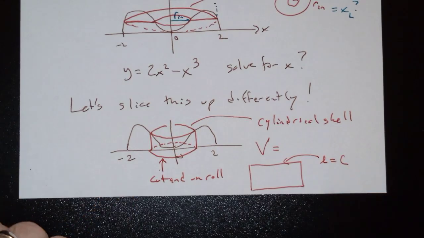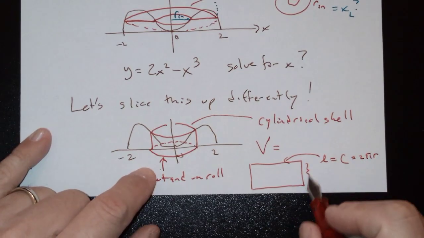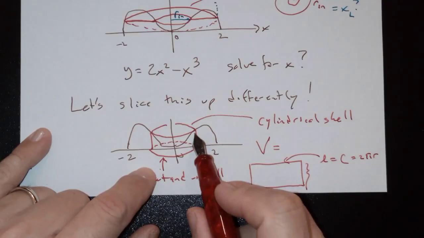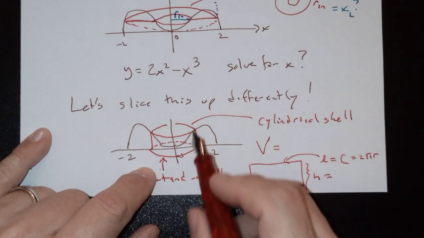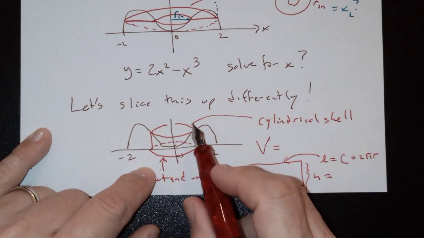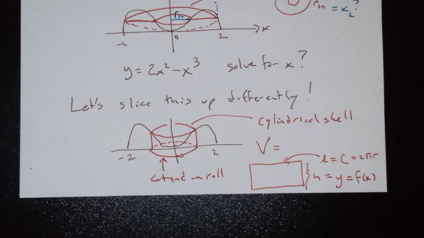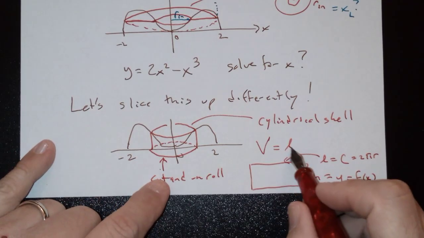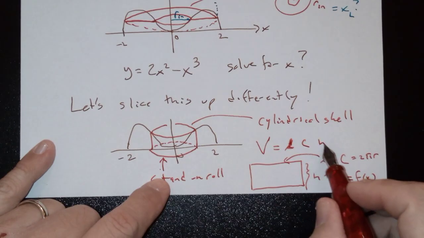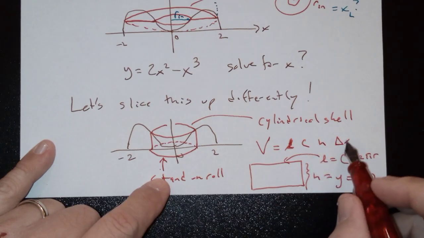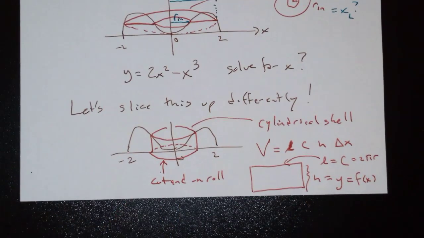What's the formula for the circumference of a circle? And then this part, well, that's the height, isn't it? That's a y value again. But our y value is given by our function. And so the volume will be length, circumference. I'll write it that way. Circumference times height times thickness. This little stick here has a little thickness. That's the thickness of the sheet of paper.